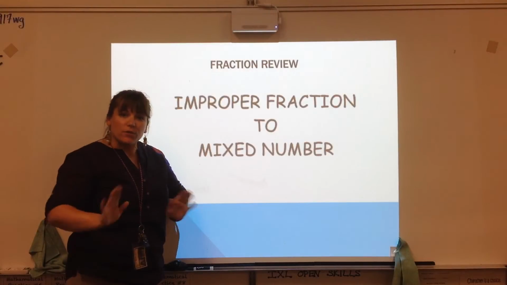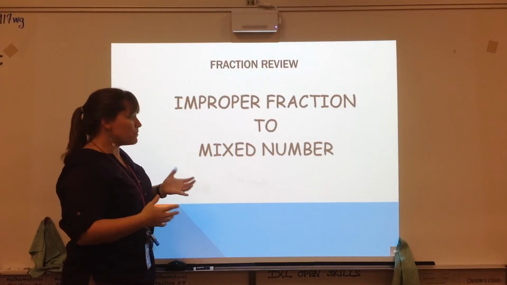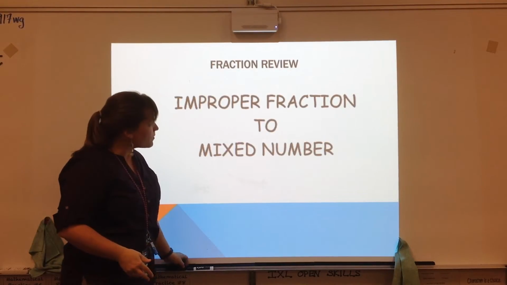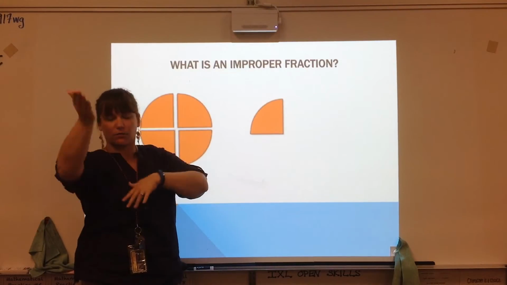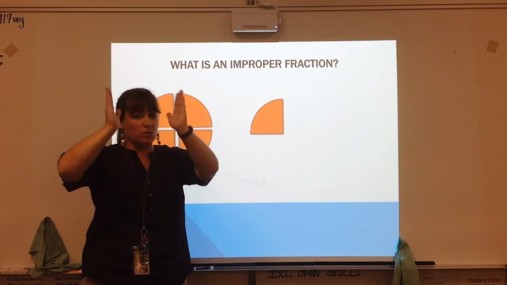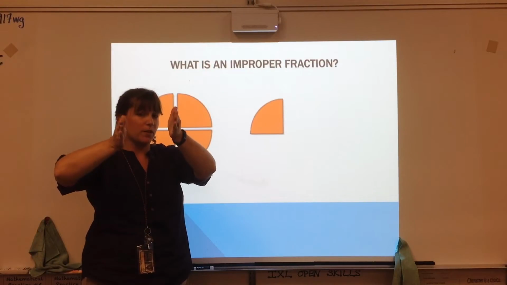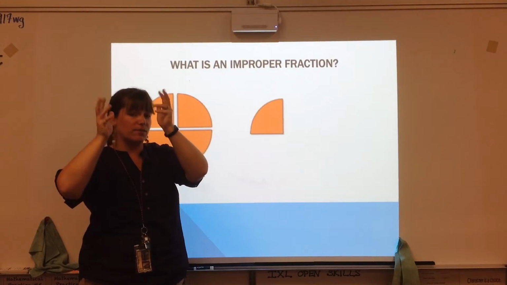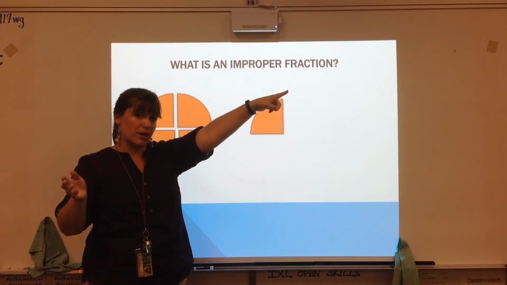Okay. What I want to review is the difference between an improper fraction and a mixed number. So let's start with the big idea of what an improper fraction is. If you think of a number line, regular fractions like 3/4, 1/2, 15/16 all exist between 0 and 1. It's not nothing, but it's not one whole. But you can show in fraction form numbers that are bigger than 1, going to the right on the number line.